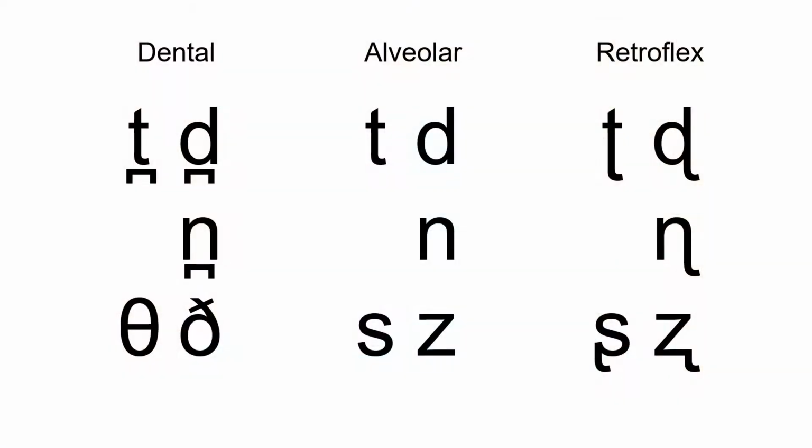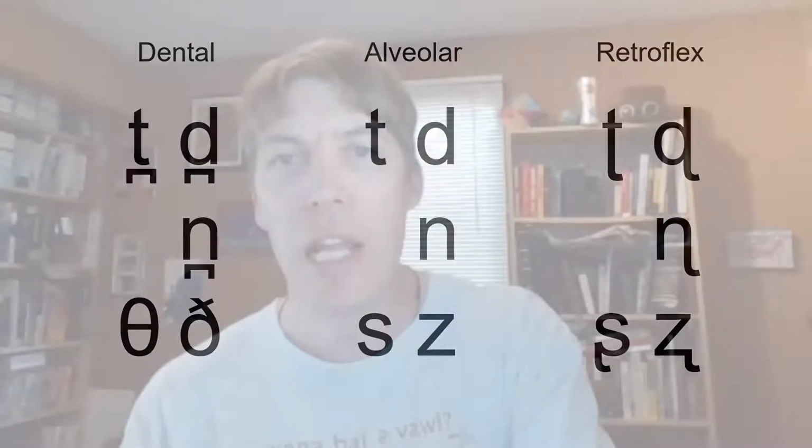The coronal isn't an official descriptor in the IPA chart, but it basically represents articulations in this general range. Articulations, dental, alveolar, retroflex, postalveolar as well, that are produced with the tip and the blade of the tongue. Okay, so we can group them that way according to where on the tongue they're produced.